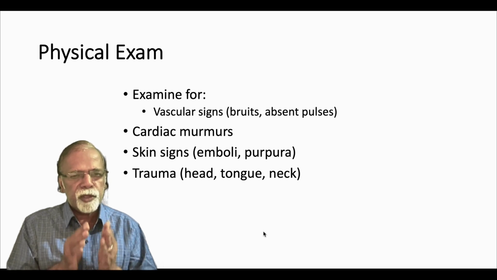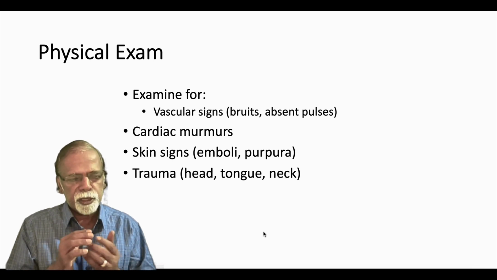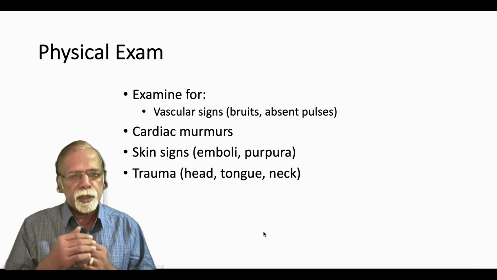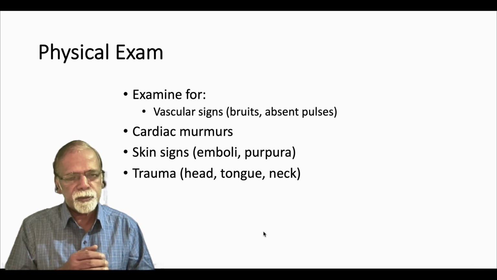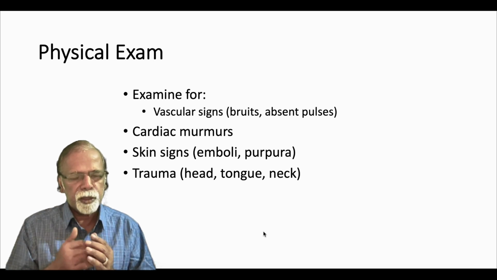Expose the skin and see whether there are skin signs of embolic phenomena, infective endocarditis. That is features of cholesterol emboli, the stigmata of endocarditis, any purpura. Exclude trauma. Look for head injury, features of trauma in the head, tongue bite, examine the neck.